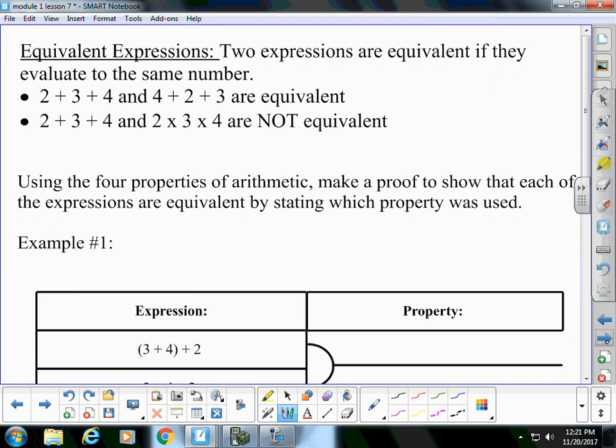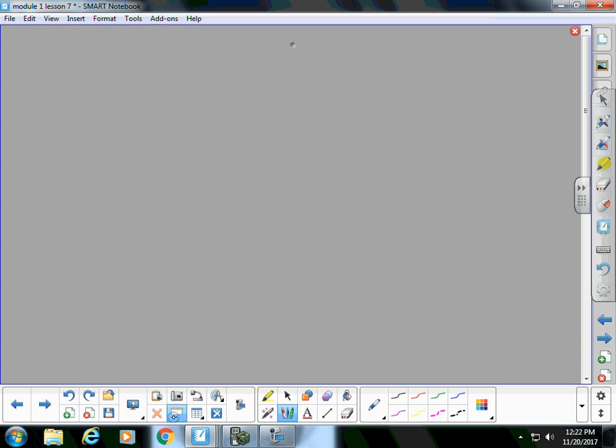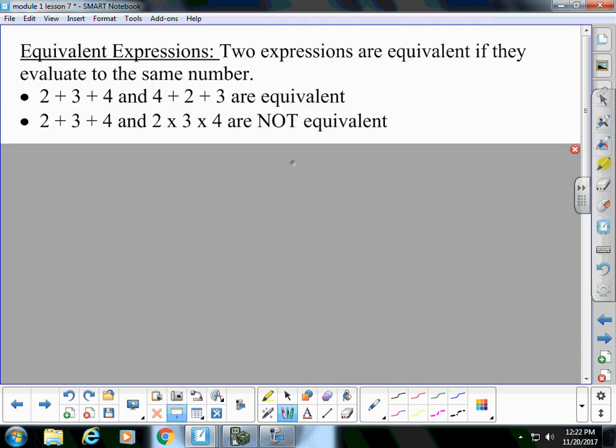Okay, so real quick, this is a statement showing you the difference between the two properties. Equivalent expressions. Equivalent means equal, remember. Two expressions are equivalent if they equal the same number.